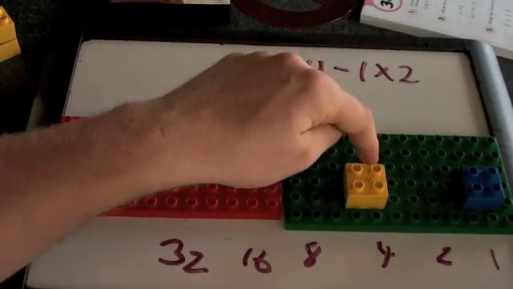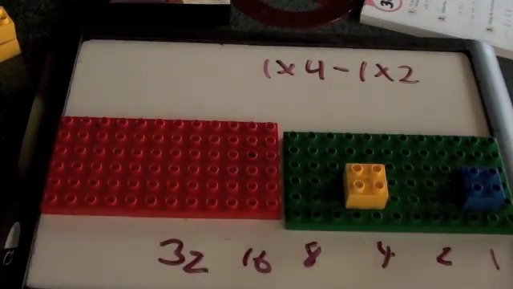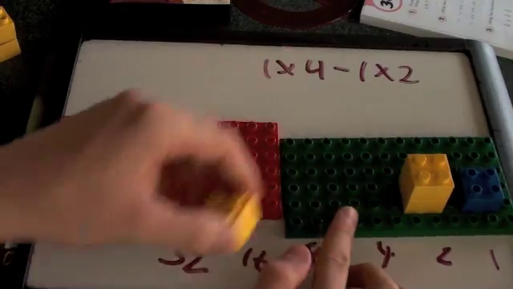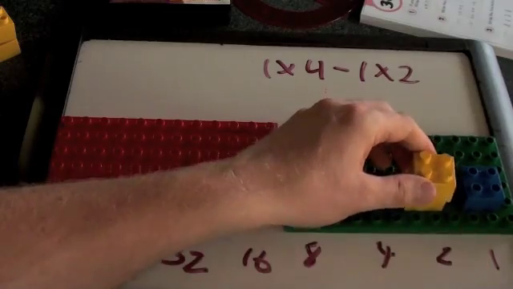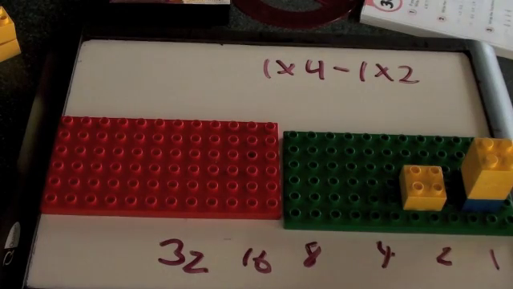I take this yellow block and make it 2 right next door. And then what happens when a yellow block touches a blue block? They both disappear.